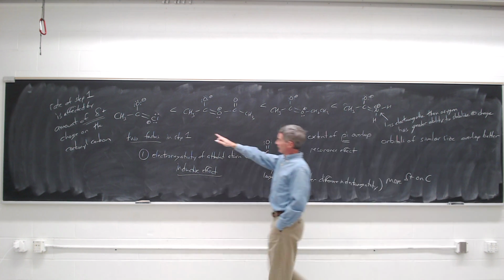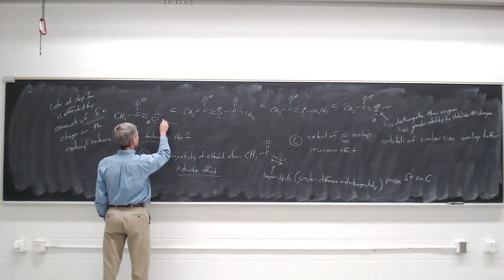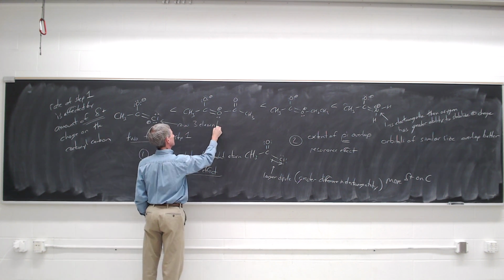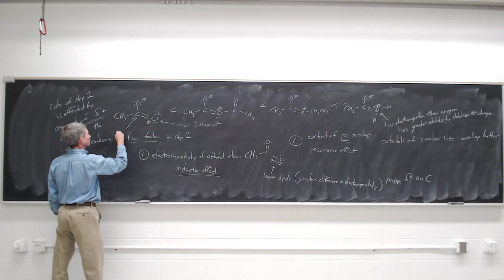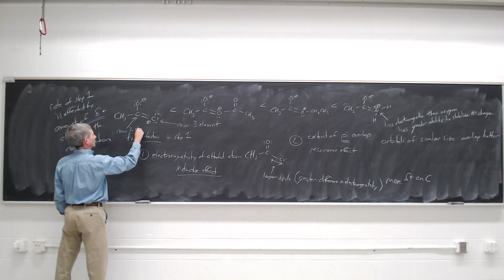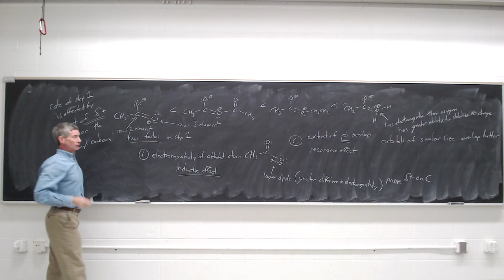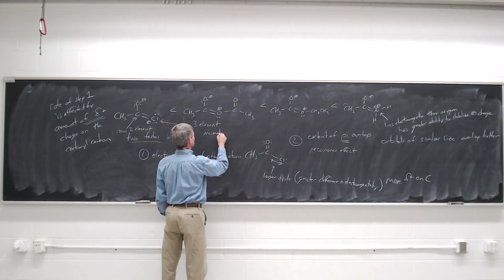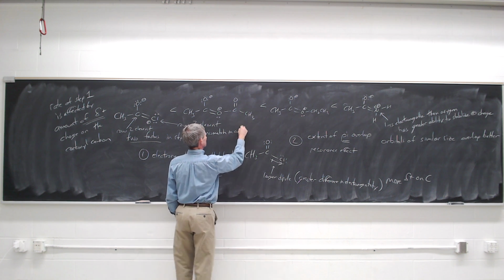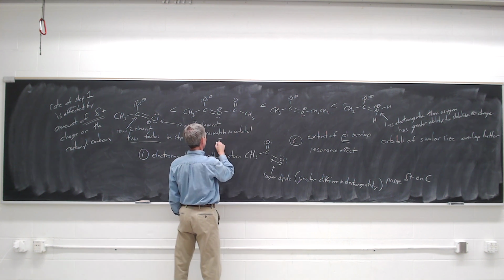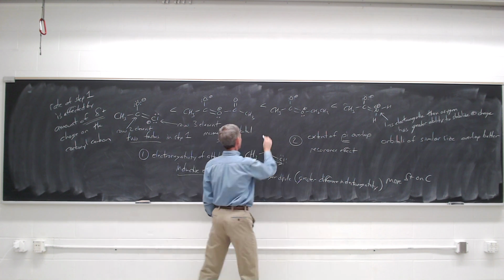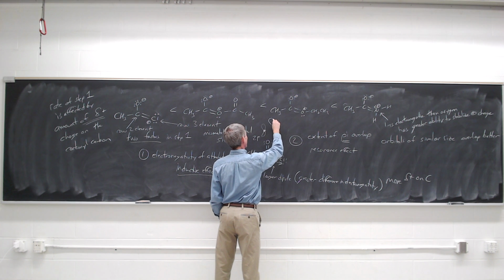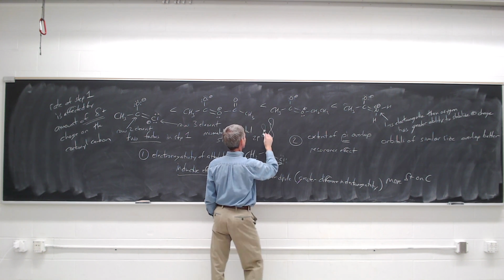What you're looking at here is a row 3 element trying to form a pi bond with a row 2 element. So there's a mismatch in orbital size. We have a carbon 2p orbital trying to interact with a chlorine 3p orbital.